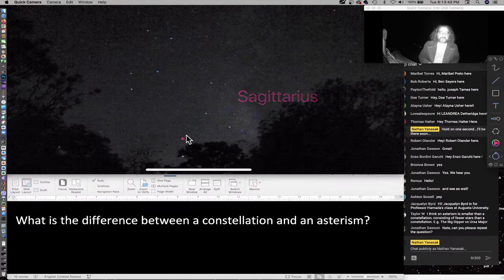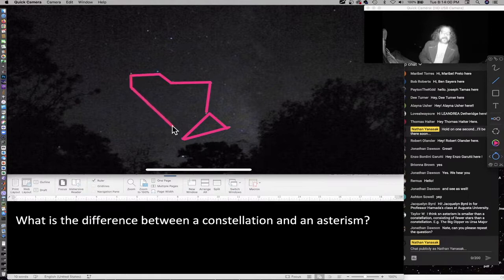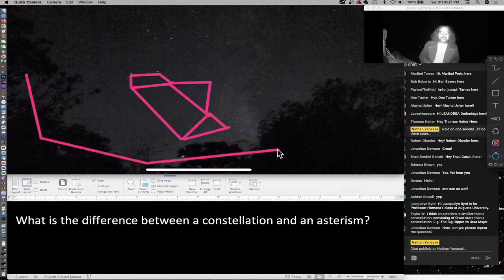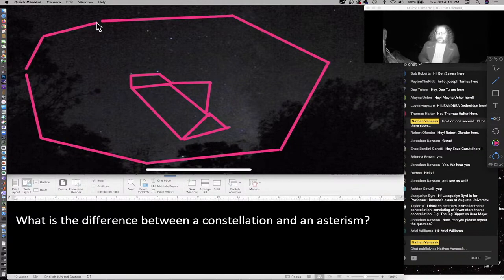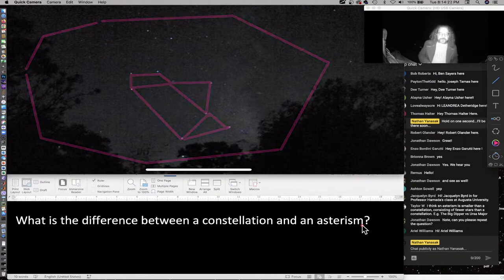One of the asterisms for Sagittarius is this teapot shape. That teapot would be the asterism, whereas some region like this, now this is not the actual constellation itself, but some region like this would be a constellation. It's a region with stars in it. So there you go. Difference between a constellation and an asterism.